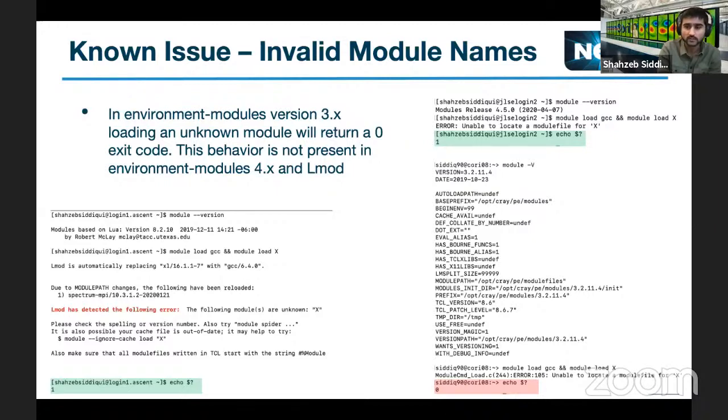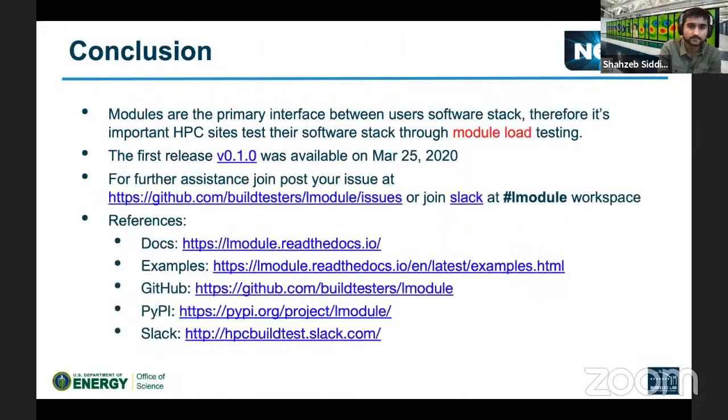What we're doing is just running module load X, and it's not a valid module, but it gives you an exit code 0. If you were to do the same test on environment modules 4, the latest version, you get an exit 1, and in Lmod it's the same thing. So it's just one of these weird issues that's present if you have an older version.